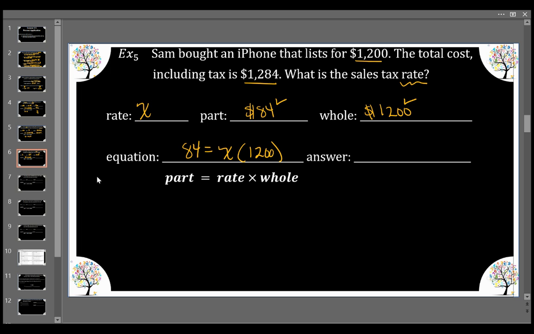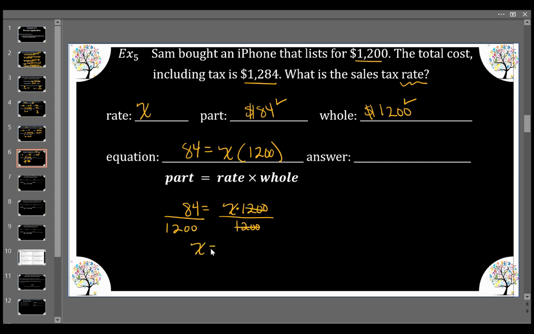So now we're not going to simply multiply like we have in the previous two examples. We have to isolate X. So we're going to apply our algebra properties. We're going to undo this multiplication to isolate x, and we're going to divide both sides by 1200.